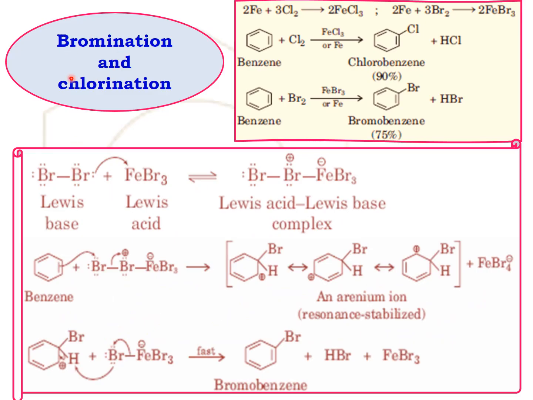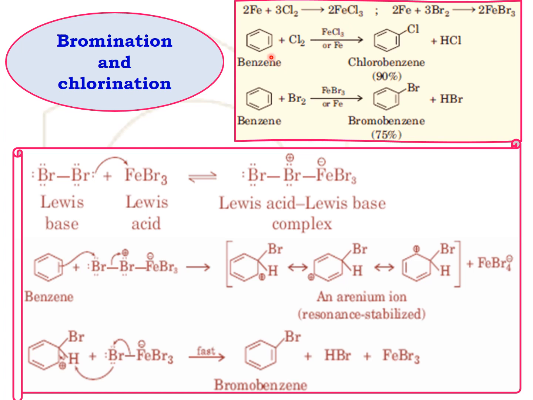The next example we are going to see is bromination and chlorination. Similarly, iodination and fluorination we can see in further slides. For chlorination, we have to use a chlorine molecule along with iron to provide FeCl3, which is a Lewis acid.